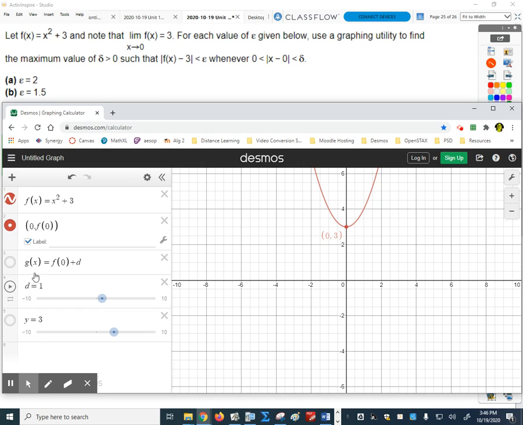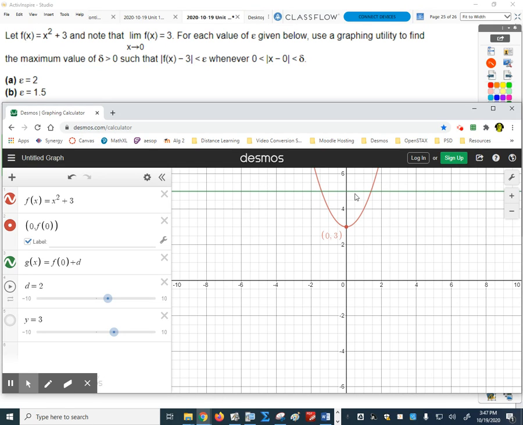We could be fancy and say g of x equals f of 0, which is just 3, plus d, and use the slider. If epsilon is 2, we let d equal 2, because we want to go up 2 and down 2, but because the function never goes down, we only need the top limit, right?